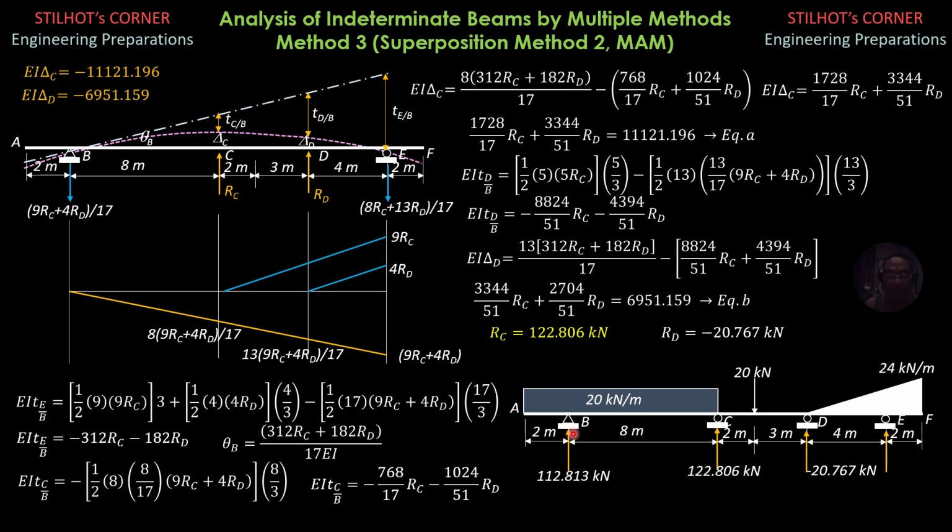So I want you to show that this is 112.813. These are the values here calculated. You sum up moment about E, you'll get this reaction. So on the next slide, we'll have to prepare moment diagram by parts up to C and up to this point under the 20 kilonewton load.